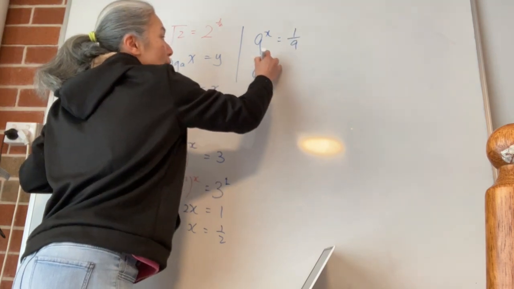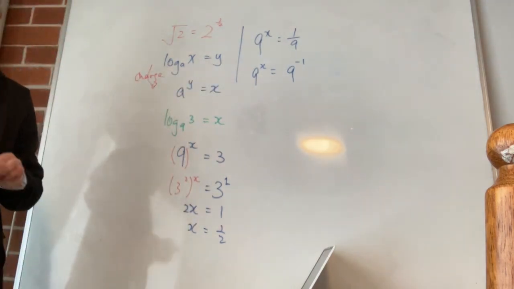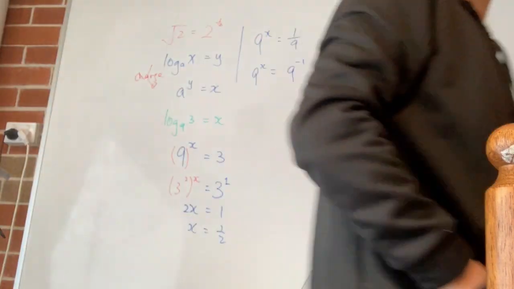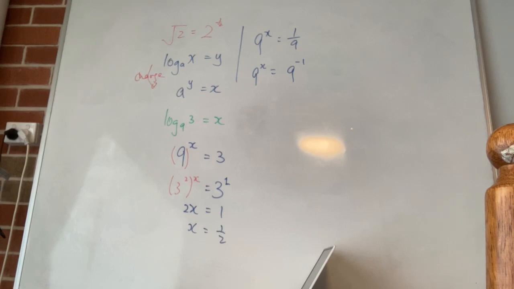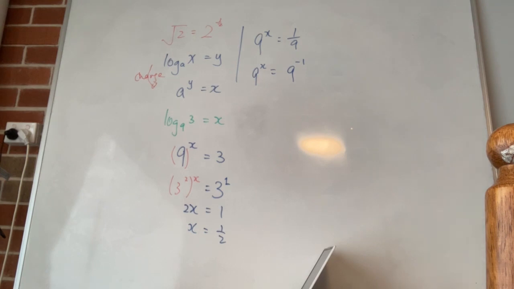You can think of it as 9 to the power of x equal to 9 to the power of minus 1. 1 on means minus 1. So x equals minus 1.